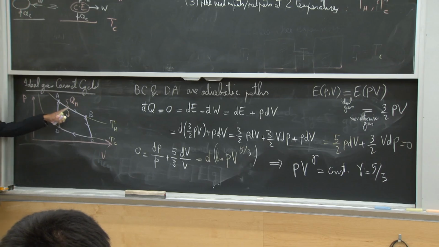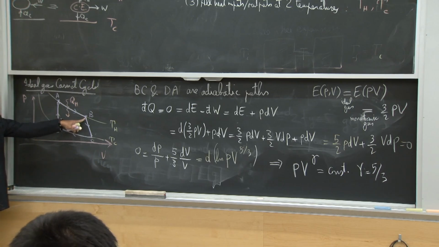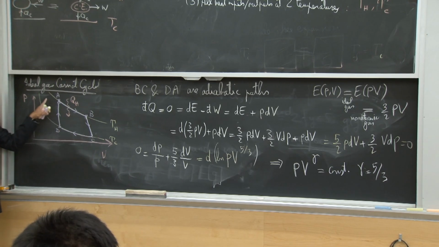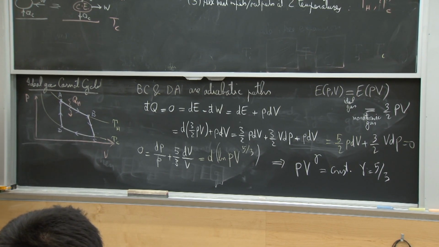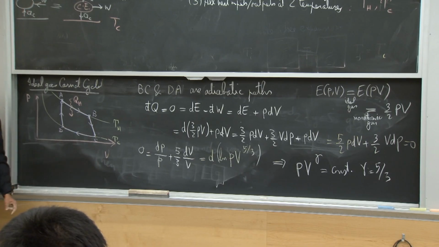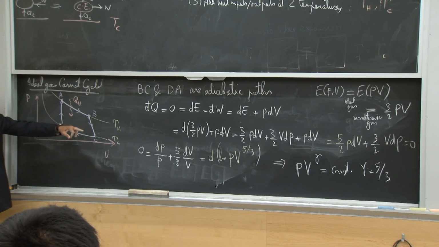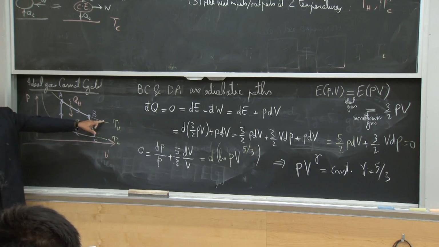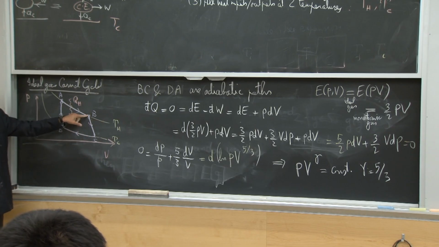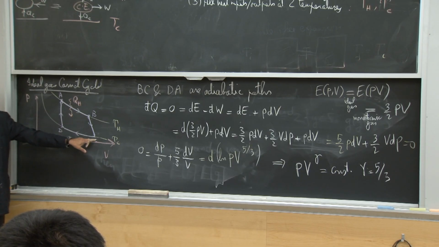So after you have done your expansion, all you need is to, in this diagram, go continuously along the path that corresponds to this formula that we have indicated. And this formula describes a path that is distinct from the isotherm. So you start from somewhere, you start along some path, you are guaranteed to hit the other isotherm at some point.